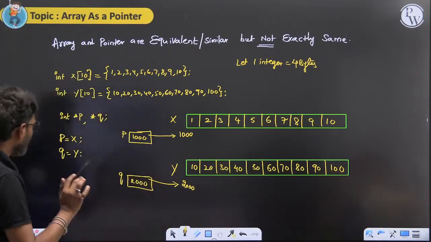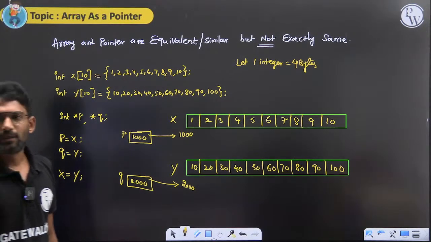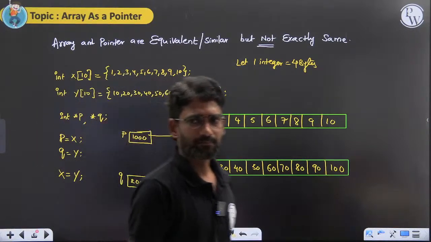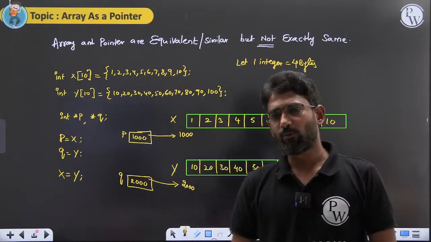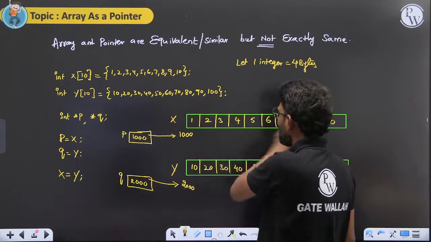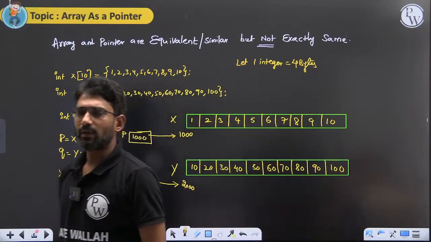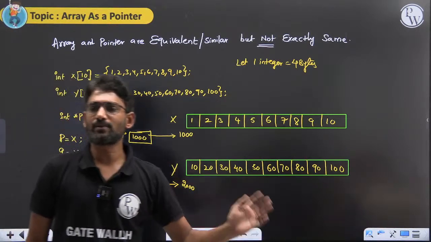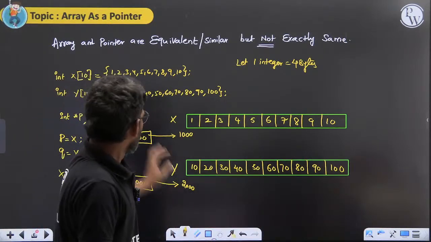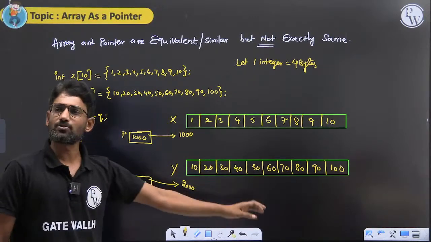Now, can I write X = Y? Is this legal? I wanted to make all X values as Y values. The X array size is 10, the Y array size is also 10.